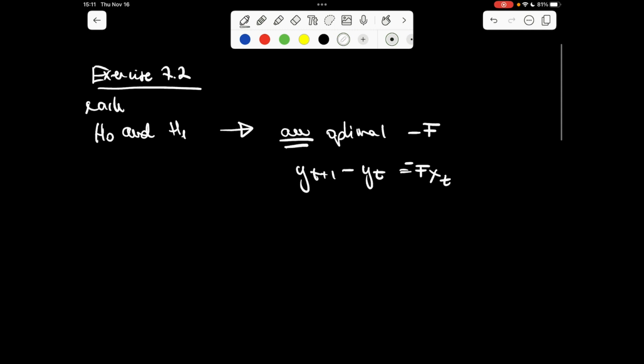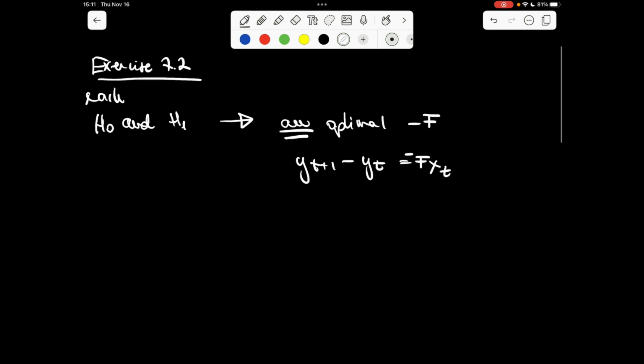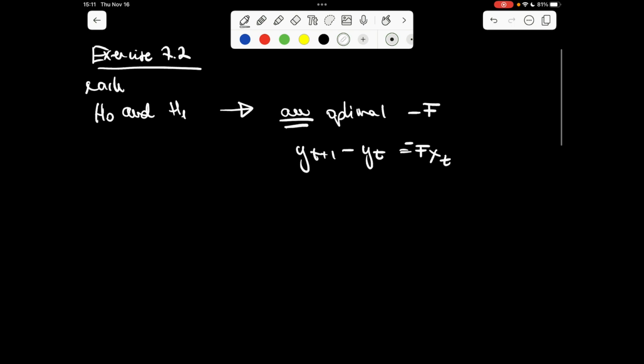So in this exercise, we have some belief parameters, some H0 and H1 pairs, and we are supposed to decide which of them is consistent with rational expectations.